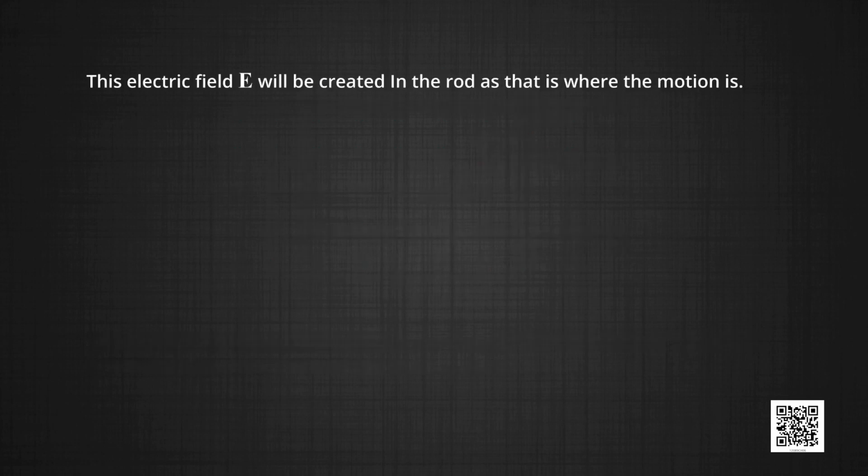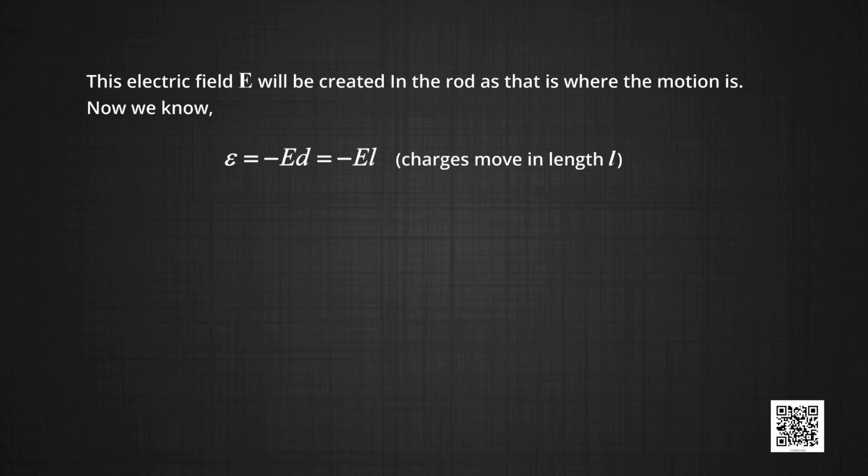This electric field E vector will be created in the rod as that is where the motion is. Now, we know that induced EMF is equal to minus E into d, which is equal to minus E into L as charges move in the length L. Also, E is equal to minus BLV.